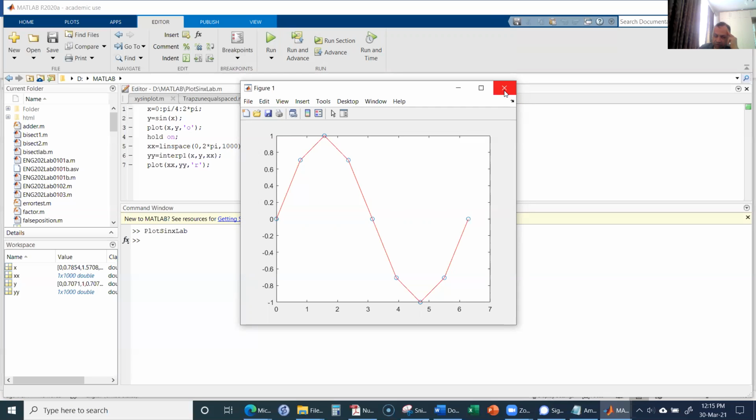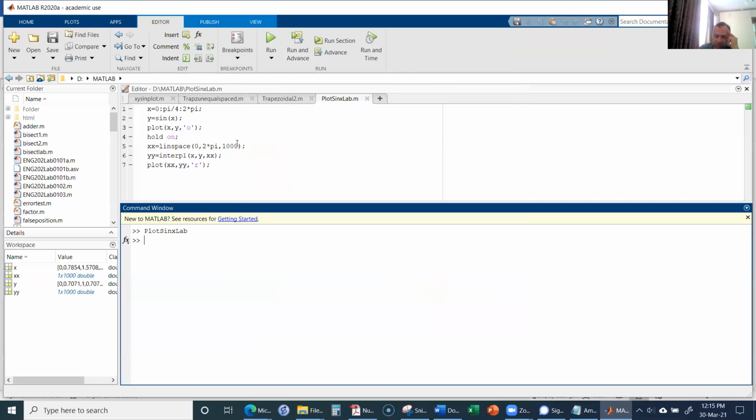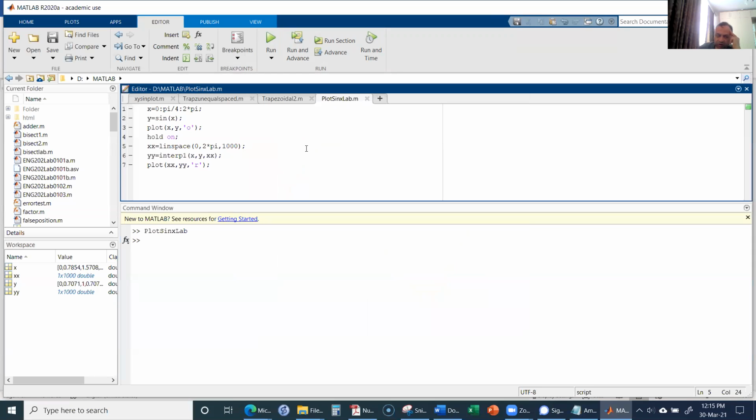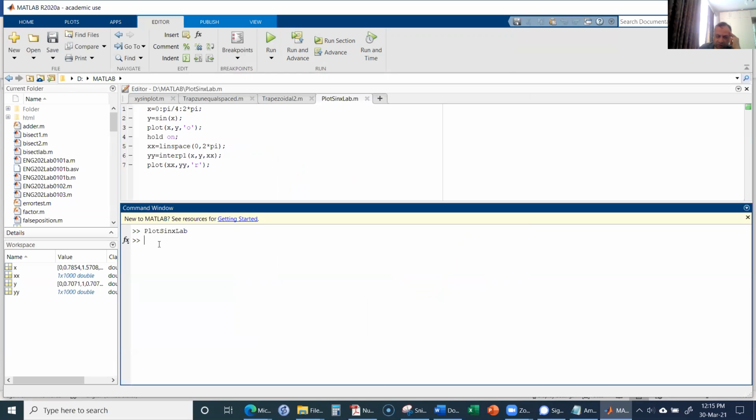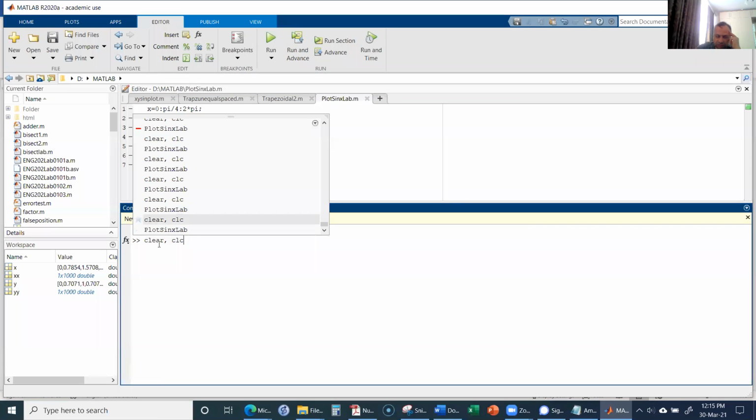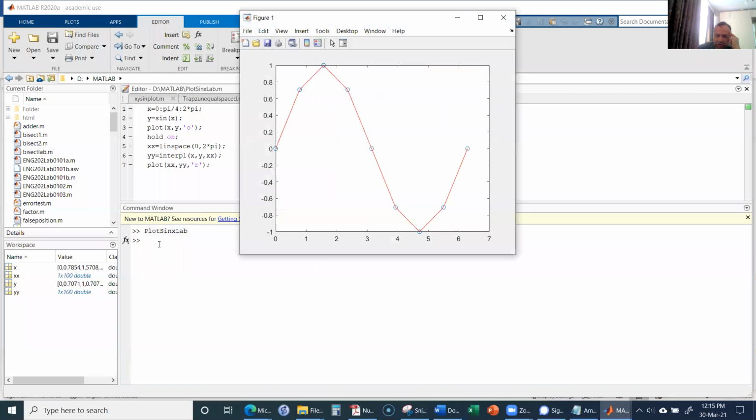Even if it is 1000 points or 100 points, I think it will not make much difference. So let's make it 100 points. Yeah, it is still the same.